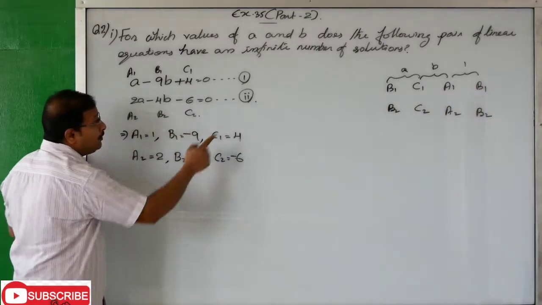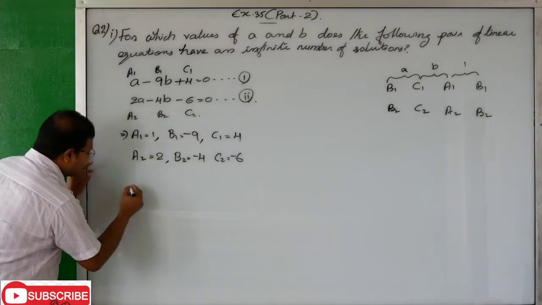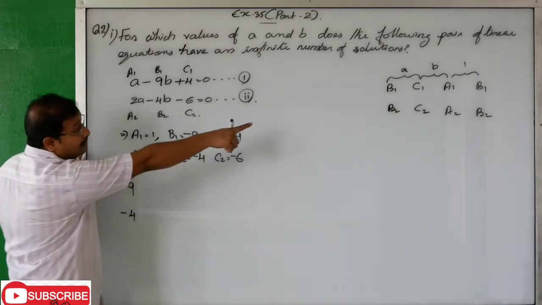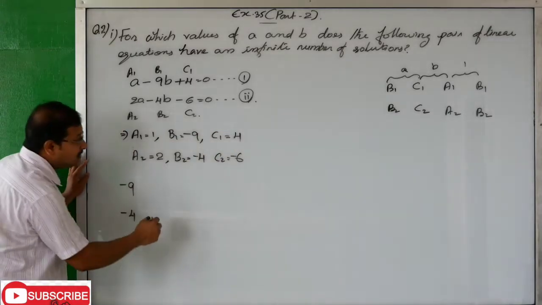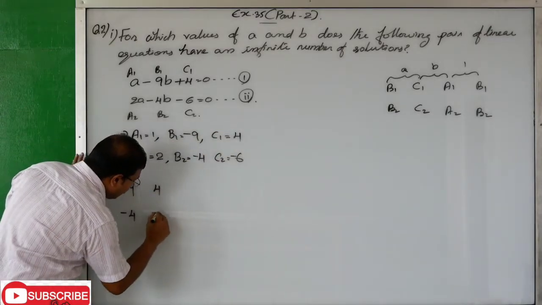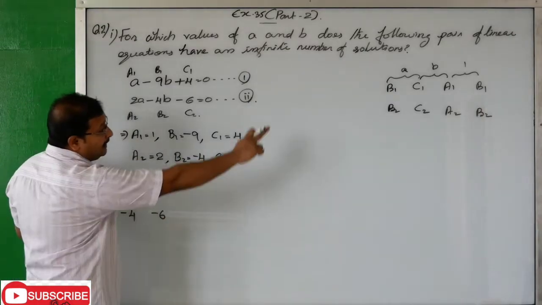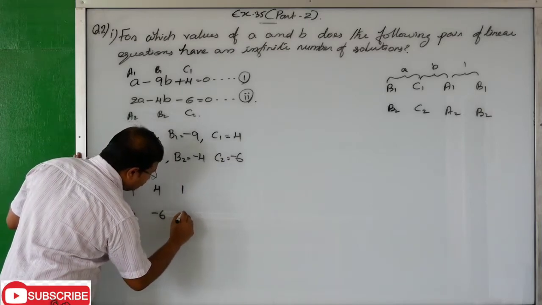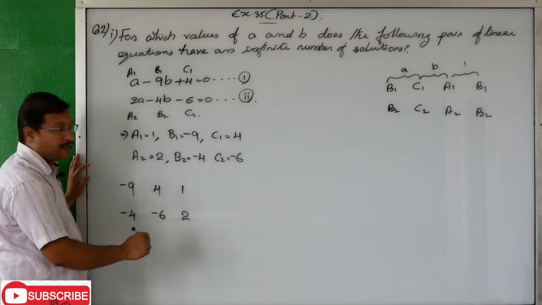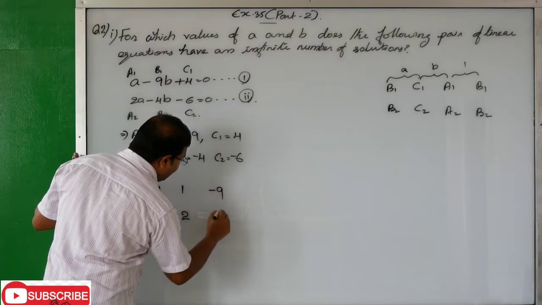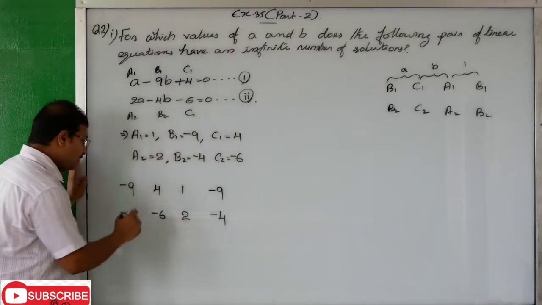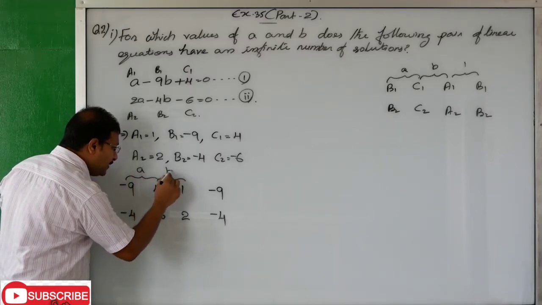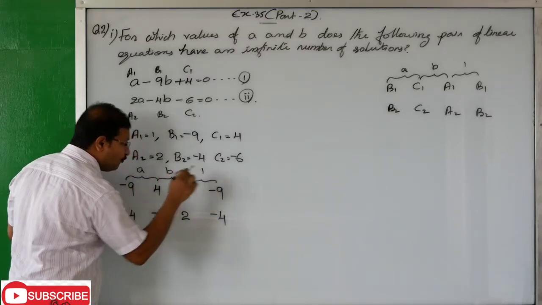So b1, b2 means minus 9, minus 4. After that, c1, c2 means 4 and minus 6. a1, a2 is 1, 2. One more time b1, b2, that is minus 9, minus 4. These two together is a, here will be b, this will be 1.